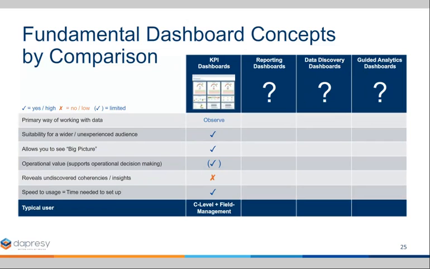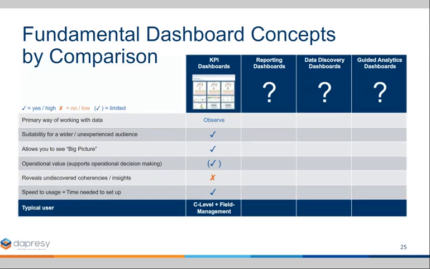It has not really an operational value, just to some extent, because it doesn't provide you so many whys. If the loyalty index, for instance, drops, there is no real hint you can gain from the dashboard understanding why that happens. You cannot reveal any undiscovered coherencies because it's just a one-pager, just those measures.